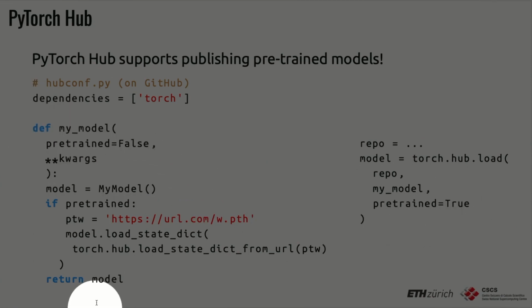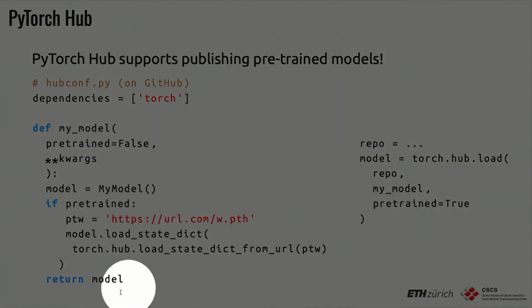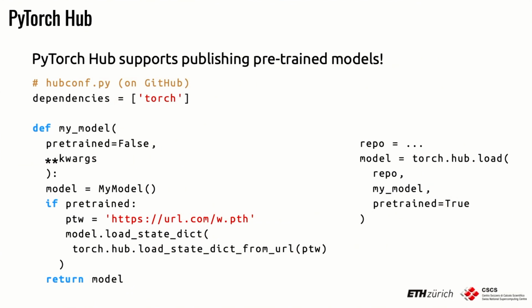So for example, pretrained=True will load the weights, while if you do pretrained=False, it will just instantiate the model and return it with randomly initialized weights. So it's a very nice way to make your model easily available to other people. And this is how the Torch Hub works, essentially.